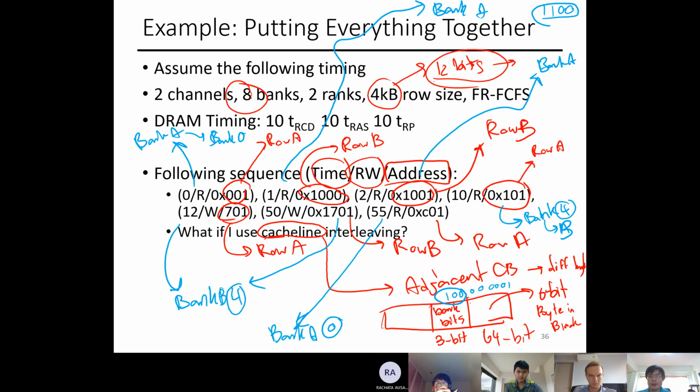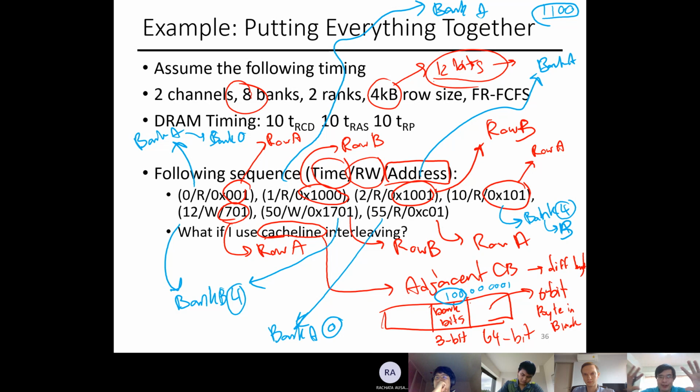Some requests will go to row A, some requests go to row B. With the time of arrival, right? I'm not sure how to fit this in the page anymore. I kind of need a whiteboard. But the first 3 requests, actually the first 4 requests, no, 5, within this 15 cycle range, right?